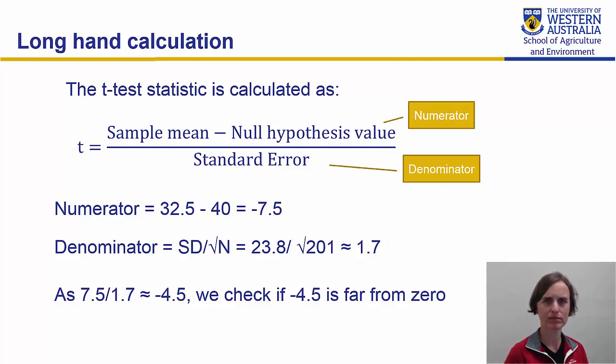What does that mean? Is 4.5 an indication that it is significantly different, or that it's not significantly different? What we do is we compare this test value to a bunch of critical values that very clever people have come up with, and you can find those in all sorts of statistical tables.